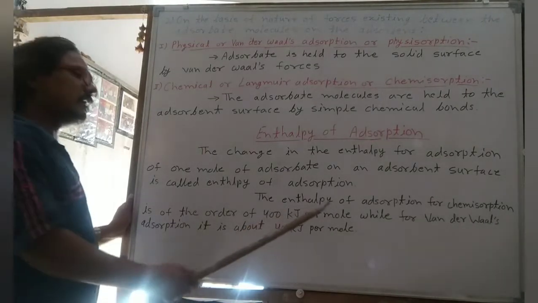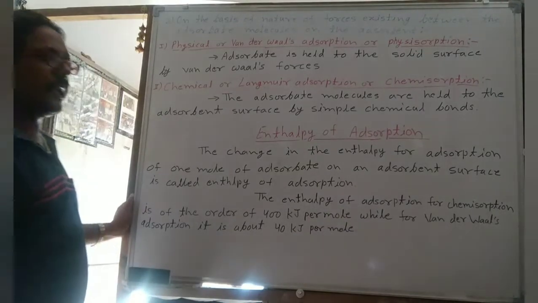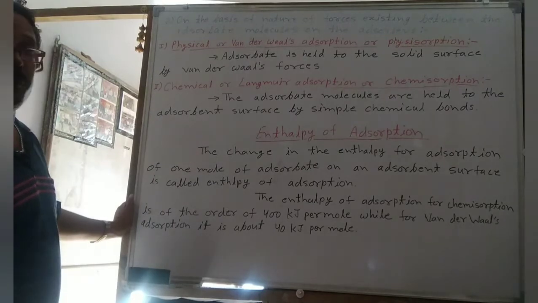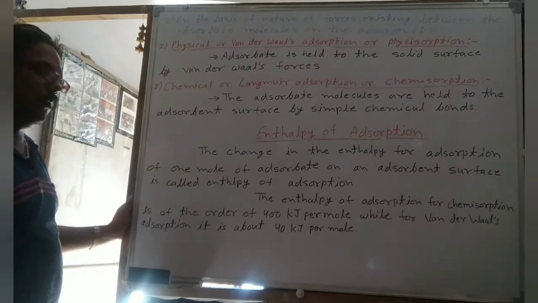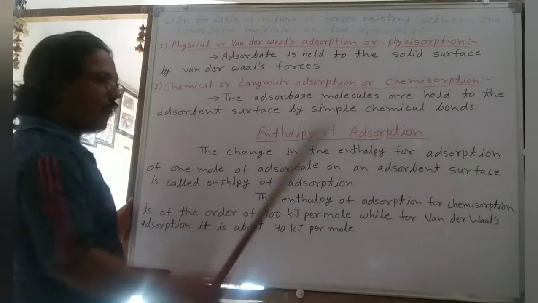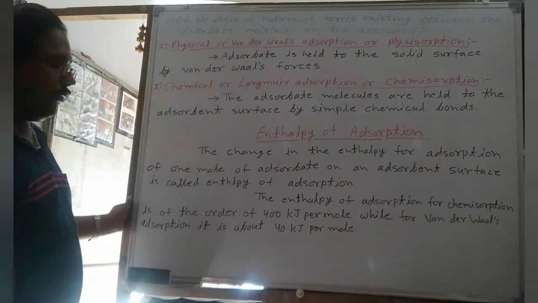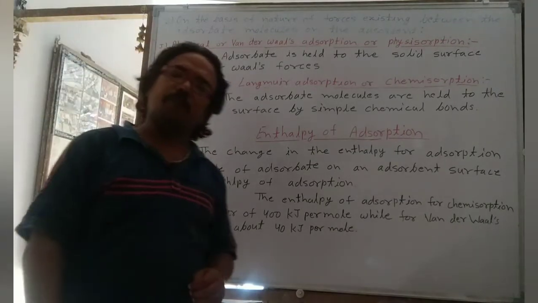Remember, the enthalpy of adsorption in chemisorption is of the order of 400 kilojoule per mole, while for van der Waals adsorption it is about 40 kilojoule per mole.